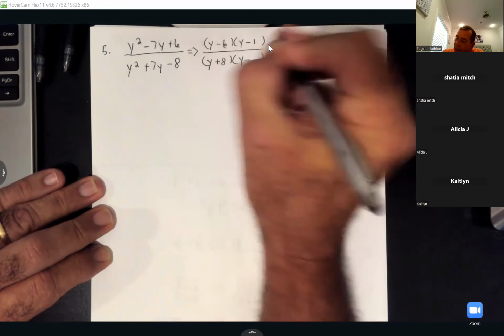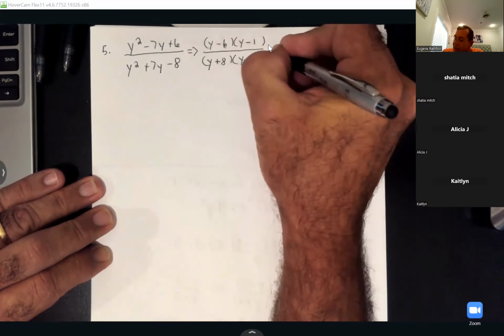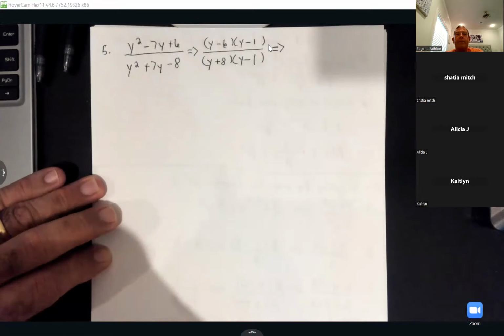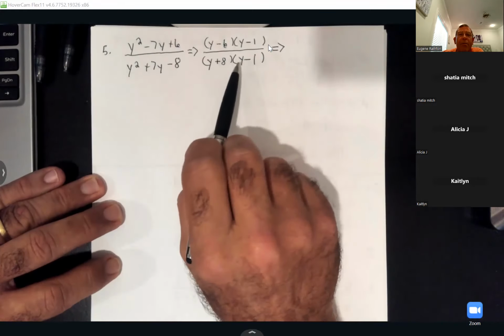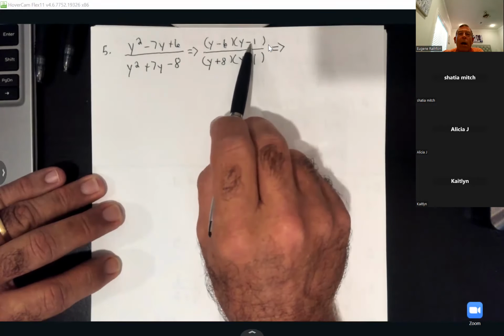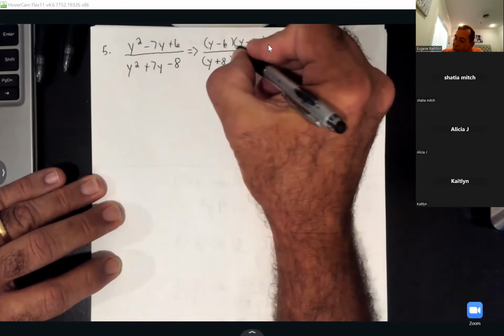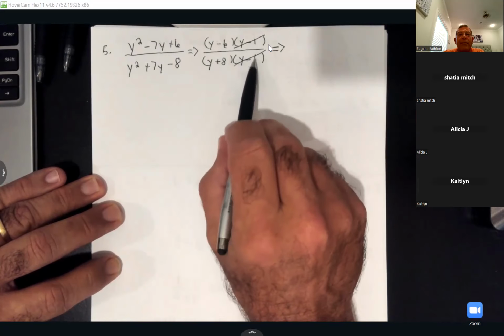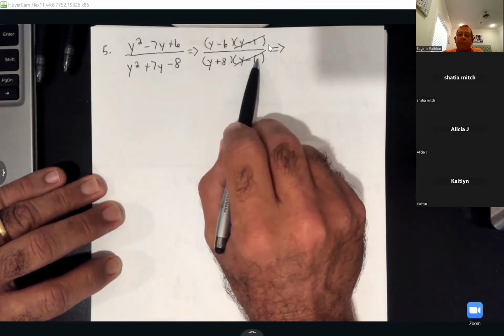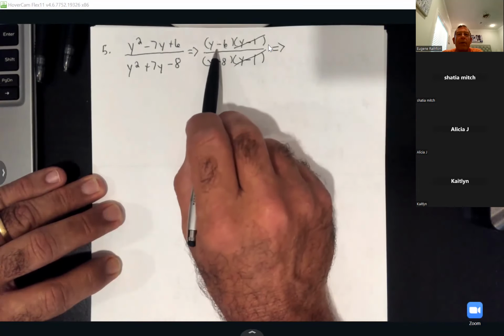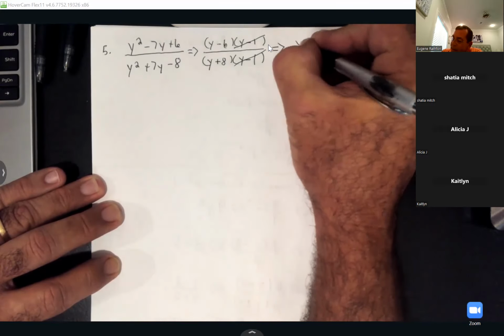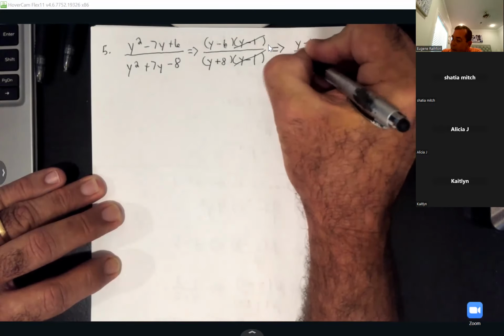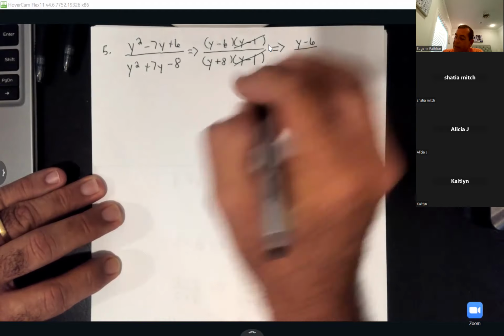So the 8 is positive and the 1 is negative. And you can tell you're factoring them right because look, the y minus 1 and the y minus 1 will cancel. If you get the signs wrong on these, then they're not going to cancel for us. So y'all look what's left. On top is a y minus 6. On bottom, a y plus 8.